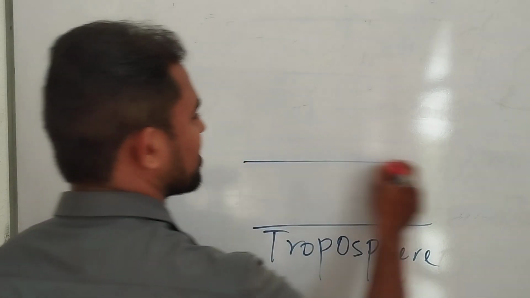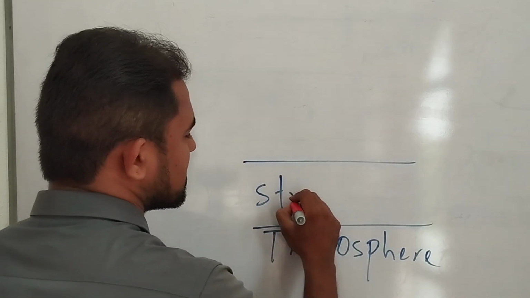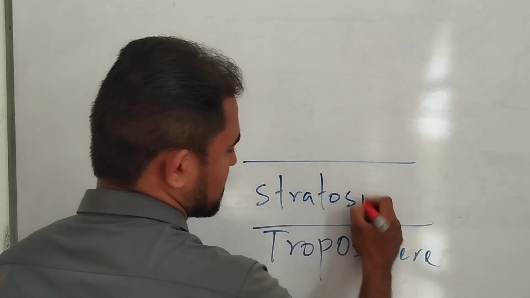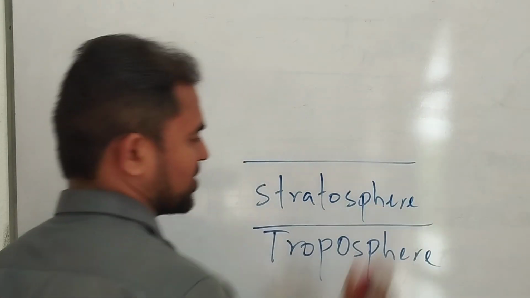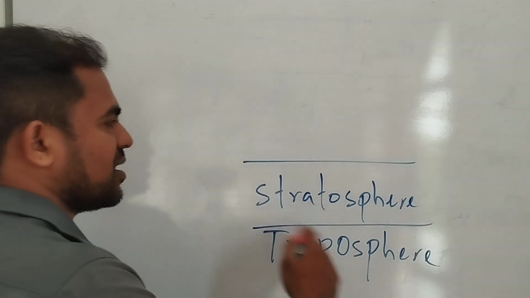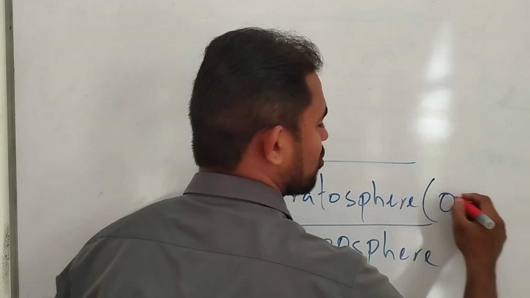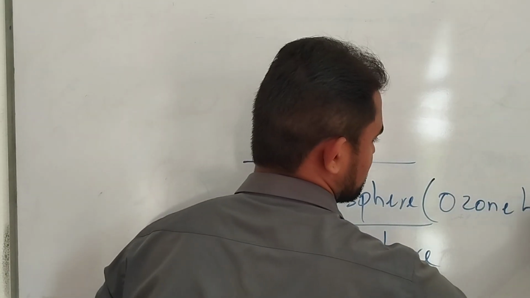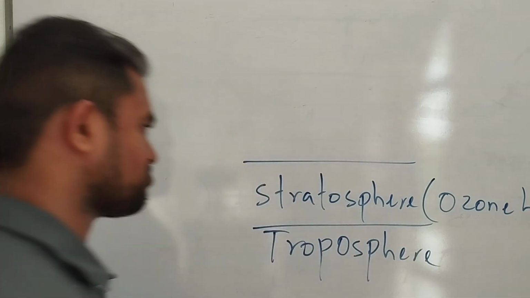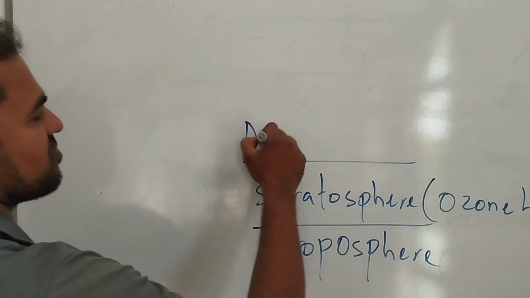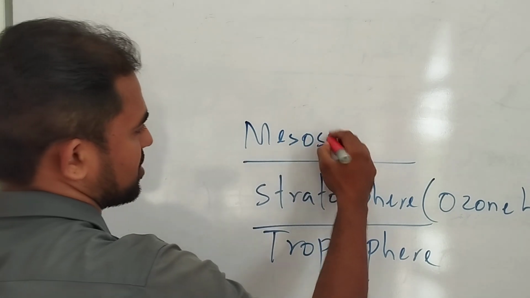The second layer of the atmosphere is called the stratosphere. In this second layer, we have the ozone layer. The third layer of the atmosphere is called the mesosphere.